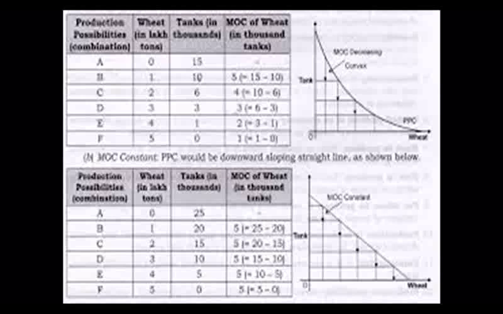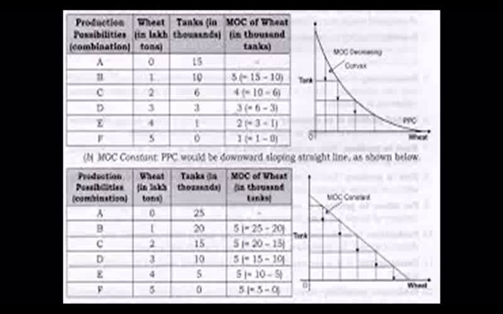We got a convex shape of PPC. Similarly, if you see the second schedule, here you will find that marginal opportunity cost remains constant, 5, 5, 5, 5, 5, when there is production of two commodities. When marginal opportunity cost remains constant, we get a PPC having a straight line shape. This is all about the shapes of the PPC.